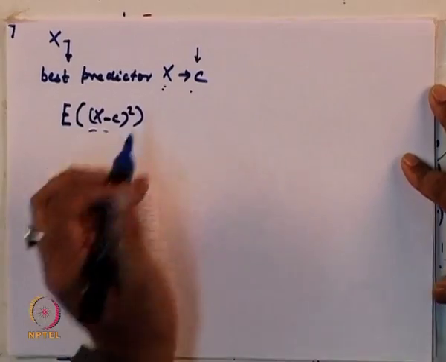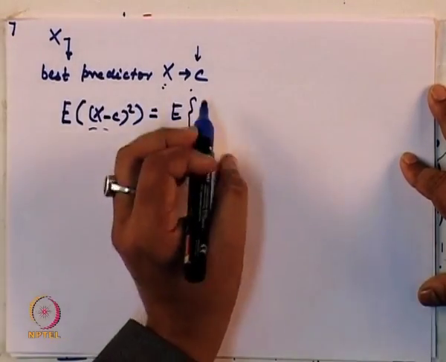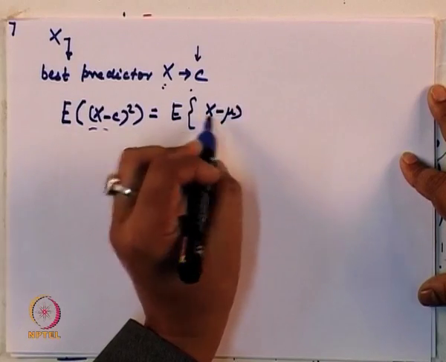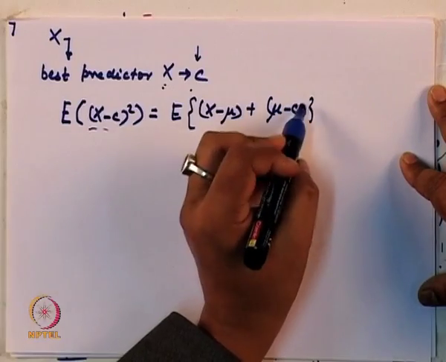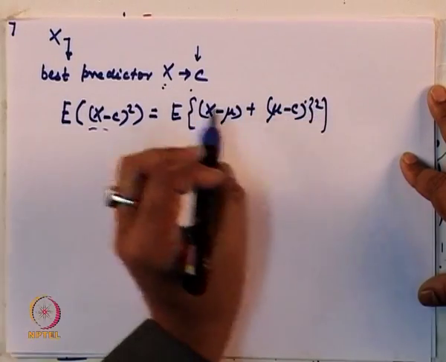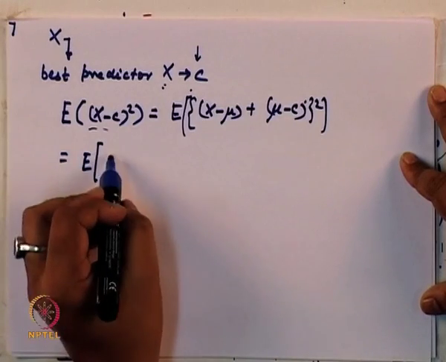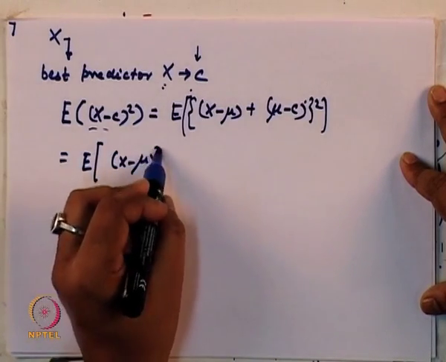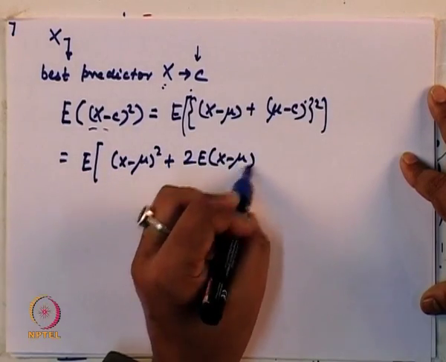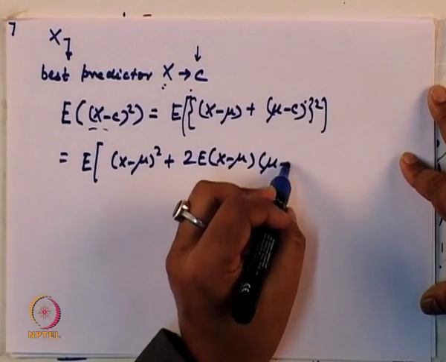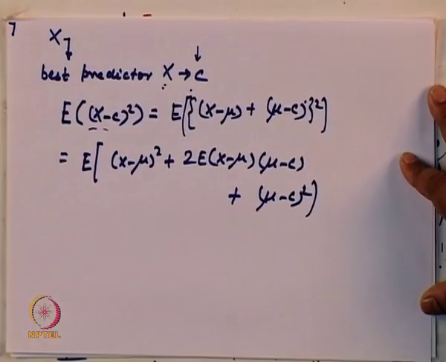Okay. So, I can write down this E of (X minus c) whole square, and I can expand that. I can write it as expectation of (X minus mu) whole square plus (mu minus c) whole square, plus a cross term.